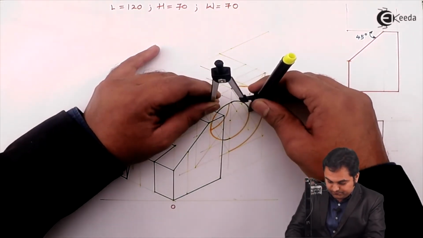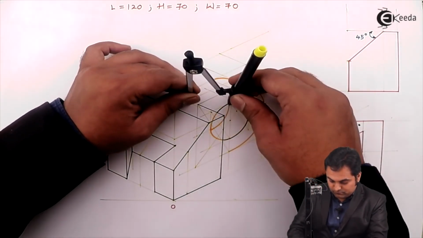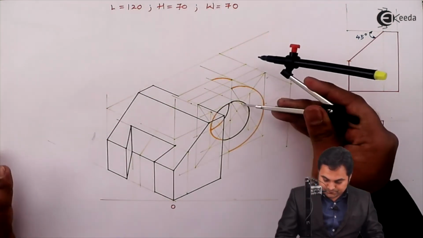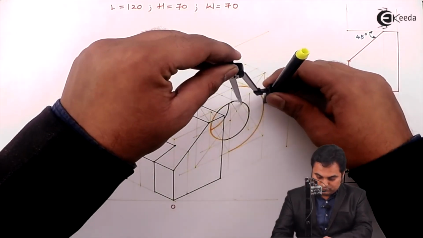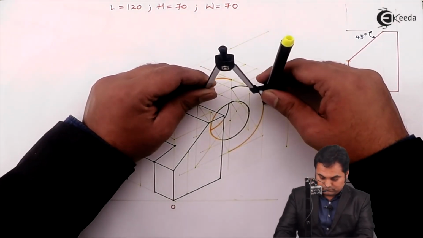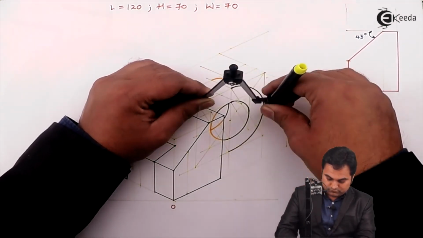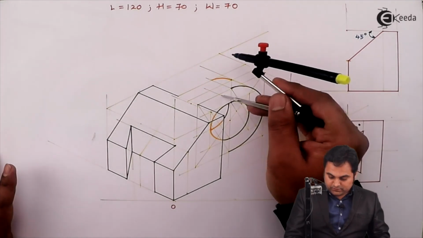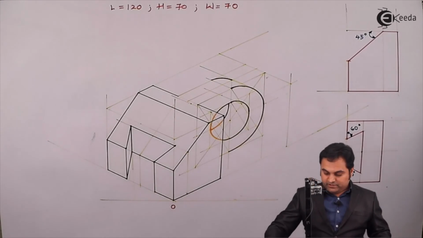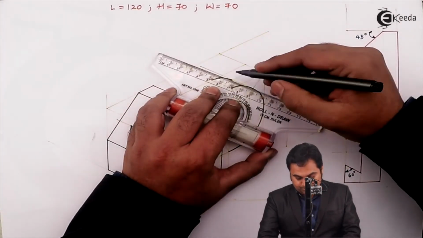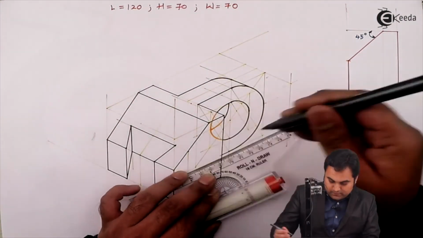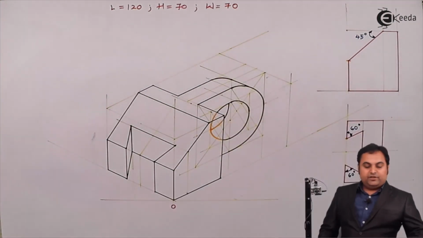Length will be only visible up to here. Then this arc which was behind, joining all of them with the help of dark lines. So here is the complete diagram for the given figure.